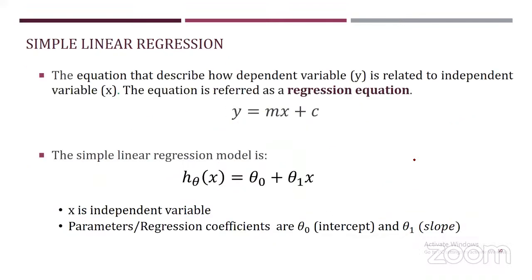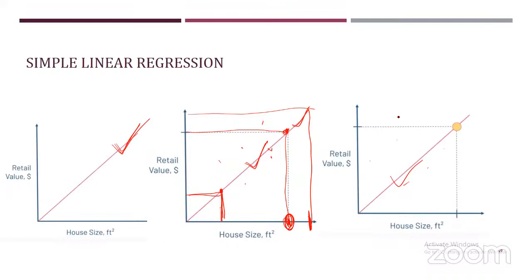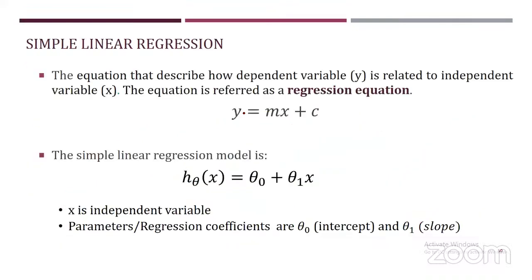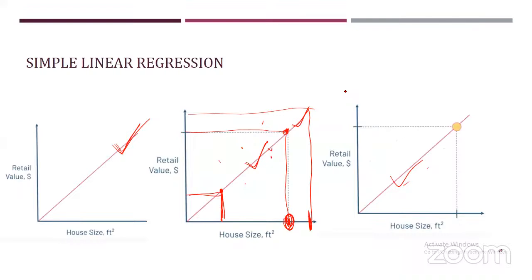So we will see how that works. Now here, this is your line. For this line, what equation do we have? y equals mx plus c. Since I will be using this line to do the prediction, this line is going to be your model.